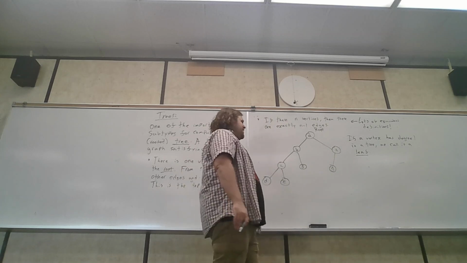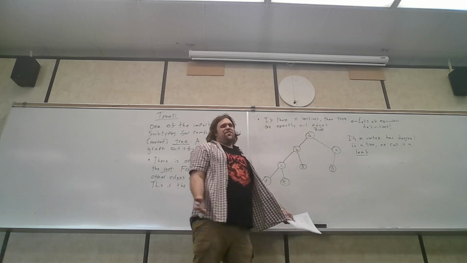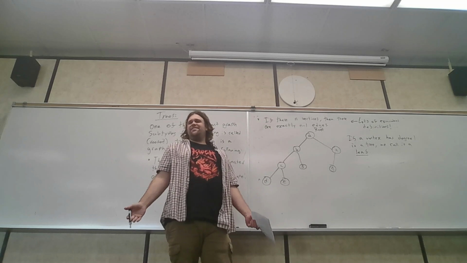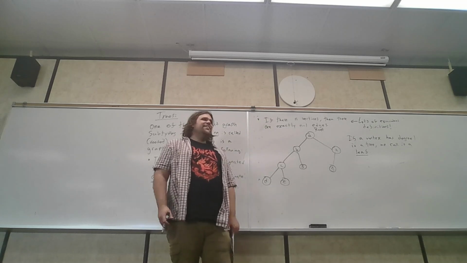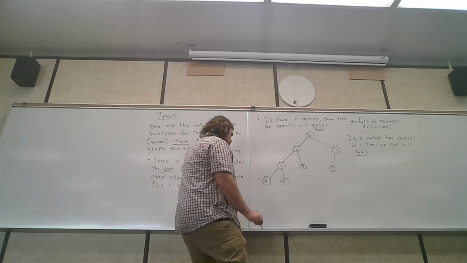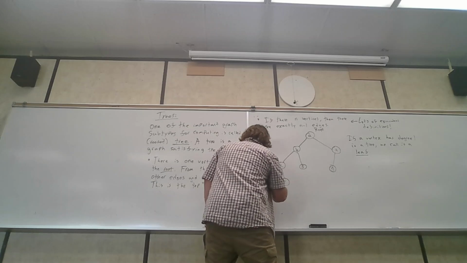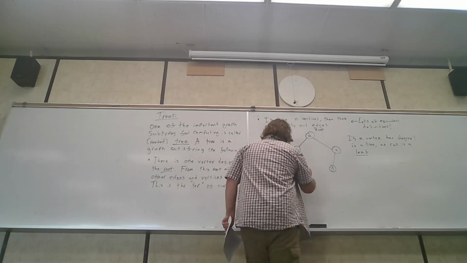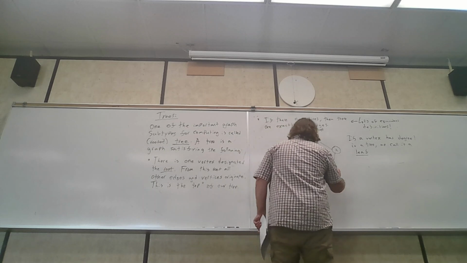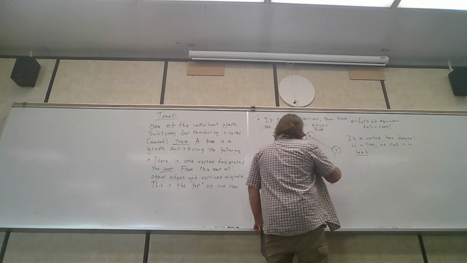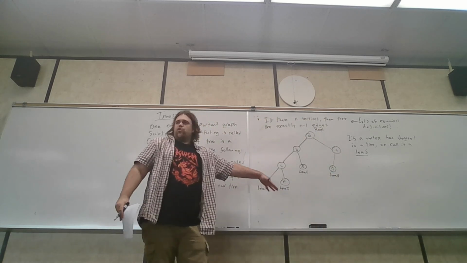I don't know. What's the top of a tree, though? We don't have a name for that in language. I mean, we could call it the top, I guess, but that's not what we did. So these nodes right here that are at the bottom of a tree are called leaves.